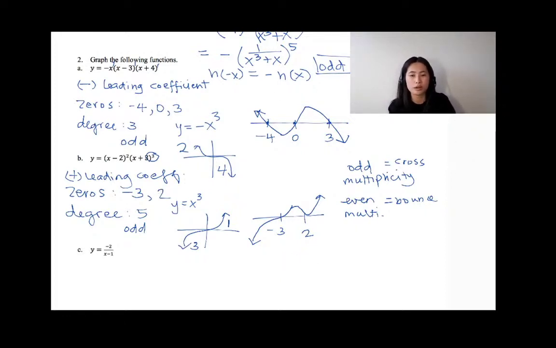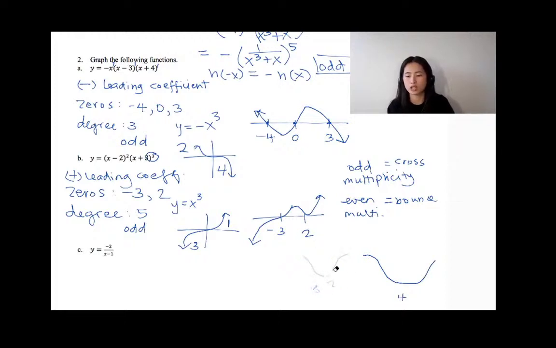Okay, so for even multiplicity, for example, if it's greater than 2, your bounce just becomes flatter, right? The greater the number, the flatter it becomes. So for example, this is when multiplicity is 2, versus when multiplicity is 4. It just becomes flatter. So this is 4.